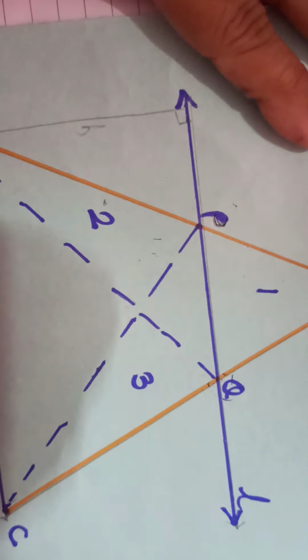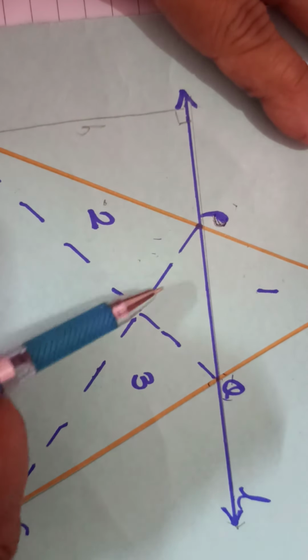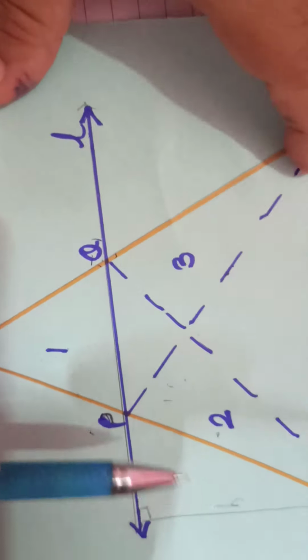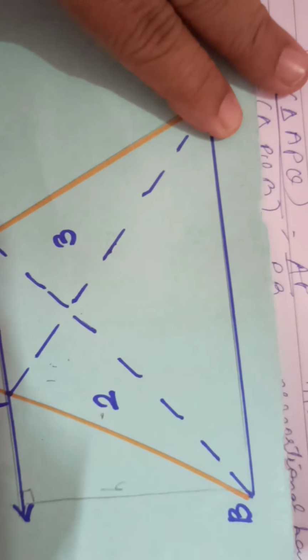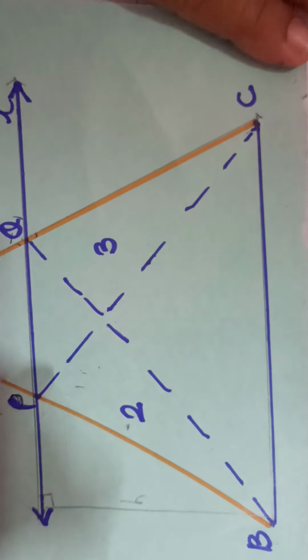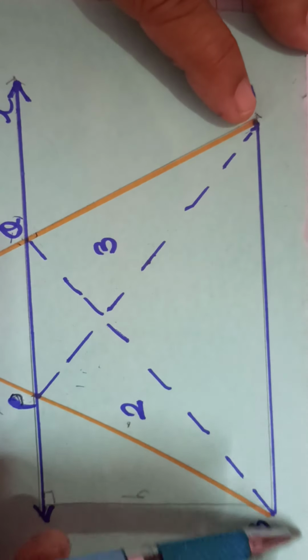See that base, what is the base of triangle PQB? Both of them have common base PQ. Both these triangles have common base PQ. This is the triangle PQC and PQB.